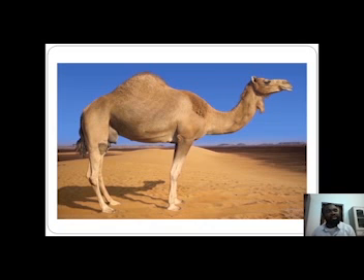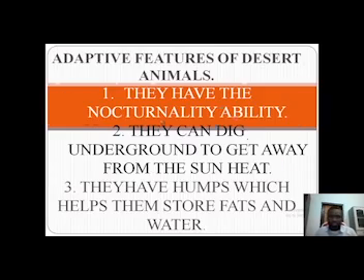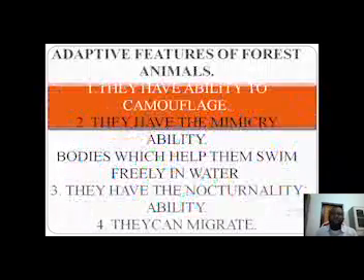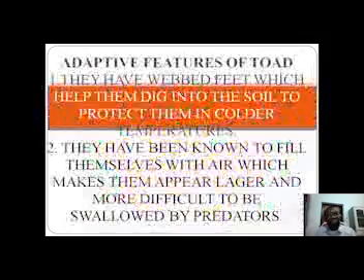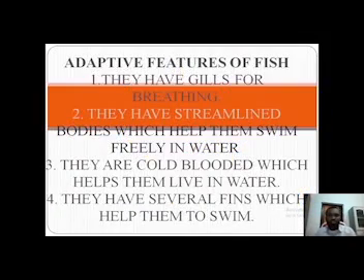To sustain them, for sustainability, because there is lack of water and there is lack of food in the desert. Now you can see peculiar features to these animals, to these different organisms in their habitats. Peculiar, very peculiar. We started with the fish.